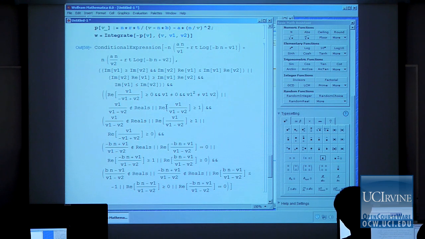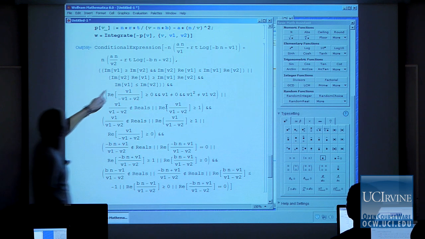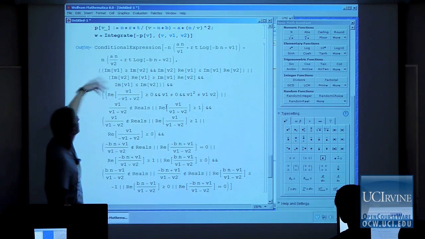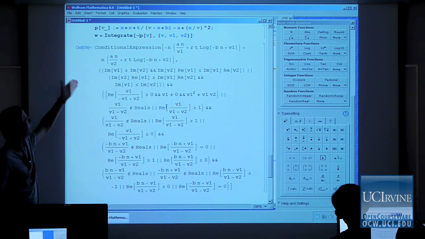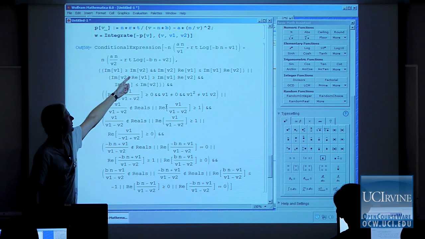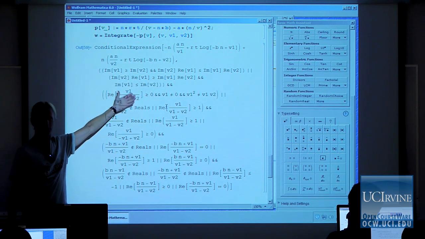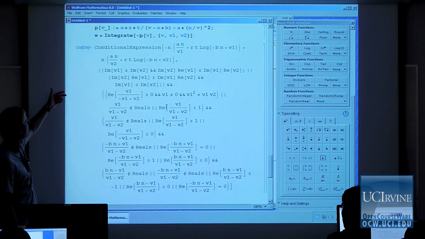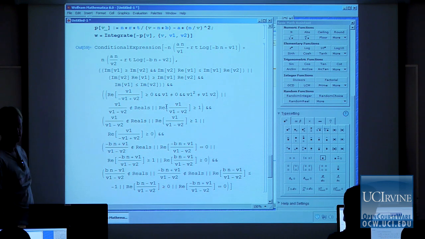But here's the point, though. We know certain things about those parameters. Mathematica does not, so it goes through and considers all kinds of scenarios. The first one it considered has to do with whether the imaginary part of V1 is greater than or equal to the imaginary part of V2, assuming that it's a complex number, for example. And then there's another scenario. After that, there are several scenarios that are considered.